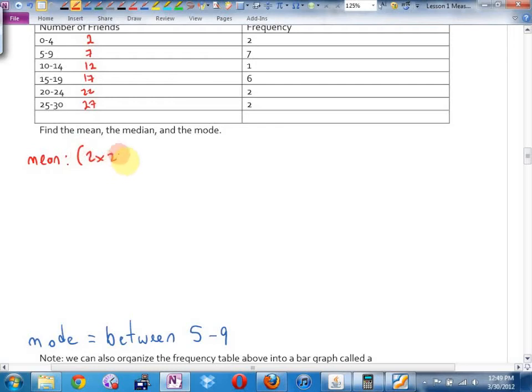Two 2s plus 7 7s plus how many 12s? Sam?